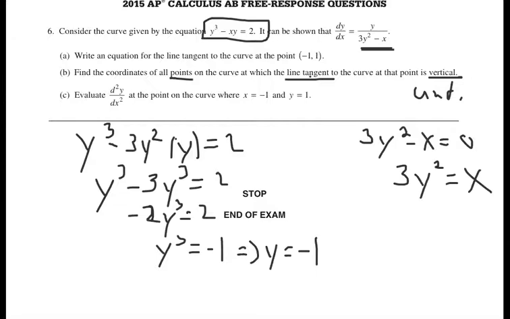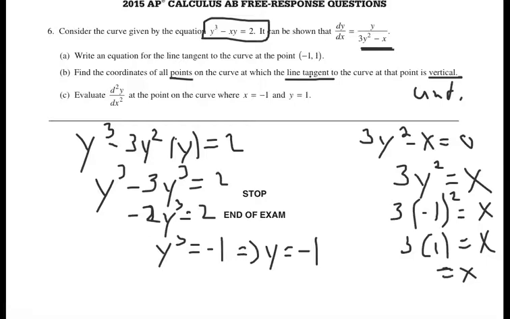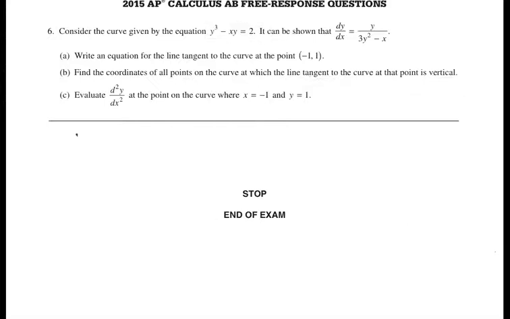I'm going to stick that -1 up here for this y. And -1 squared is 1. And 3 times 1 is 3. So there's my answer. So at the point, I'm going to erase my work so I've got room to work.